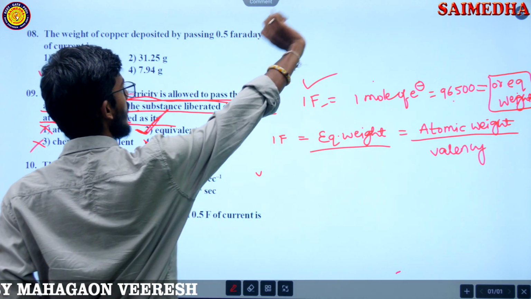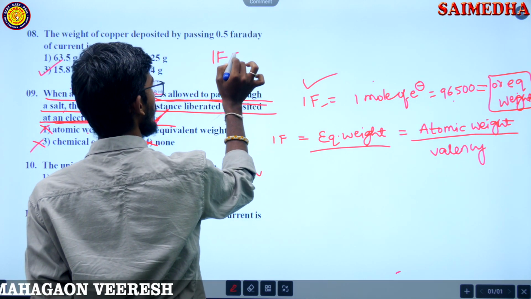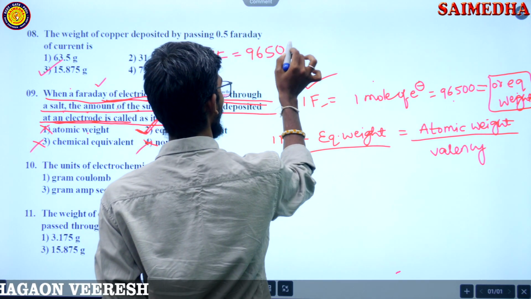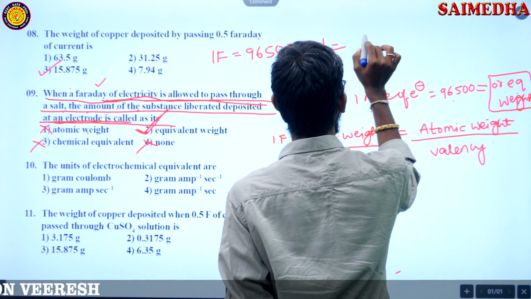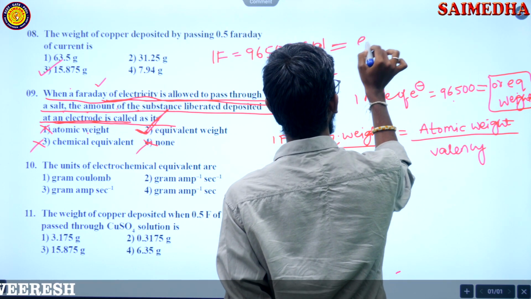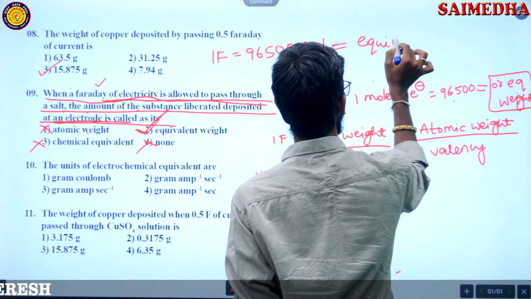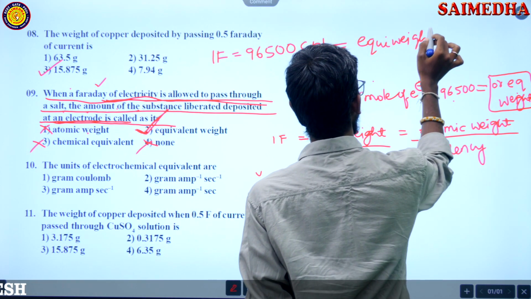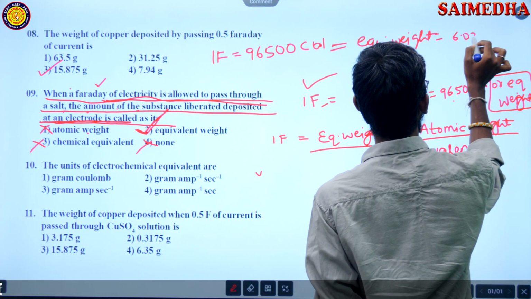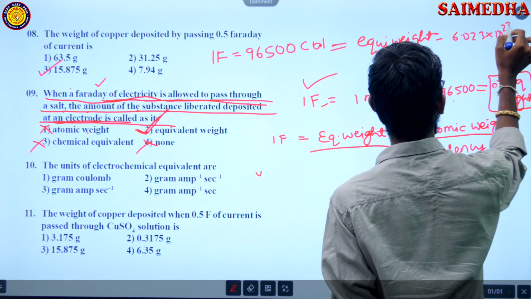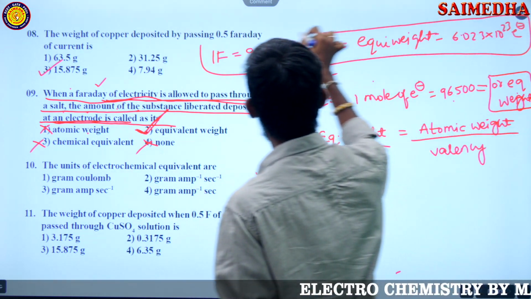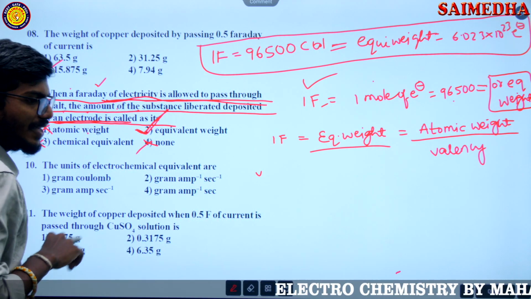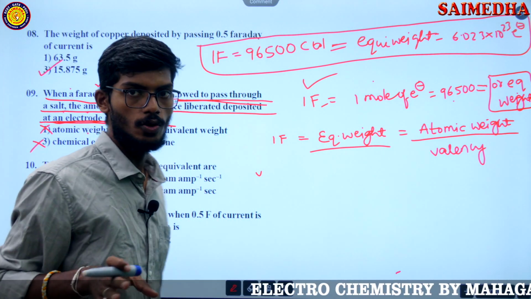Always remember this statement. 1 Faraday is equal to 96,500 coulombs is equal to equivalent weight, which is equal to 6.023 into 10 to the power of 23 electrons. Okay, this statement you need to remember always. Half of electrochemistry deals with this one statement only.